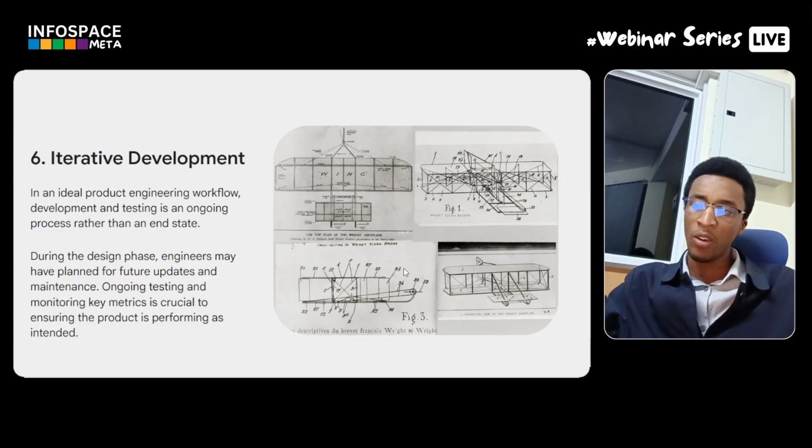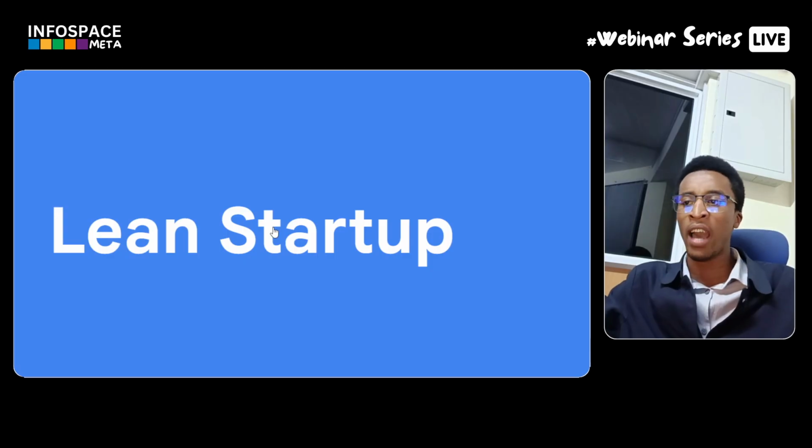So in the next 10 minutes, I would like us to also go through some of the methodologies that we have in modern terms. That's ideally the product engineering life cycle, number 1 to 6. But we have a lot of other methodologies that are used: lean startup, agile methodologies, hybrid.